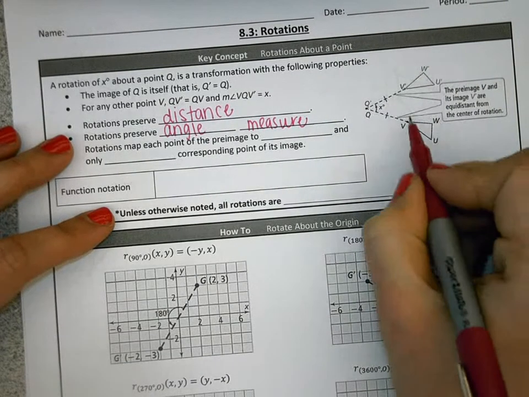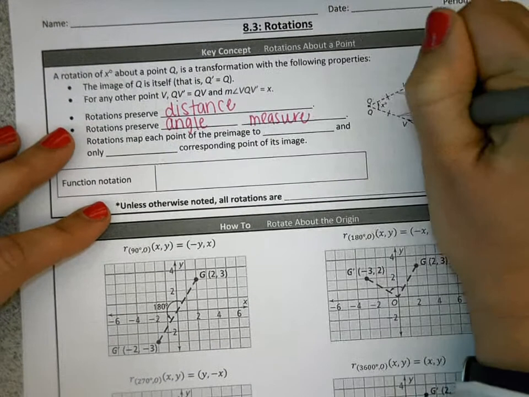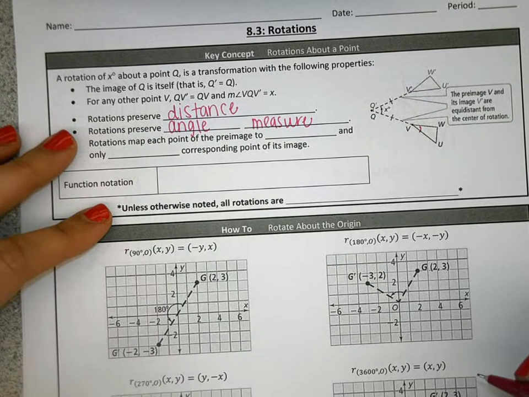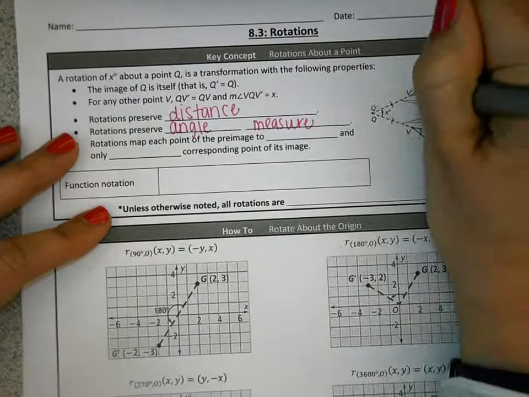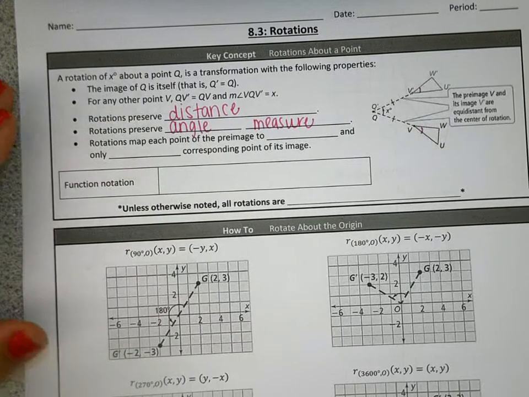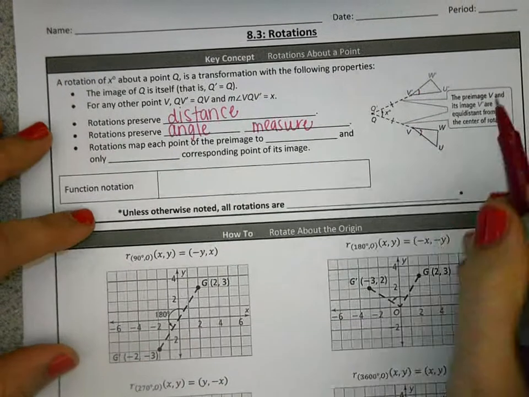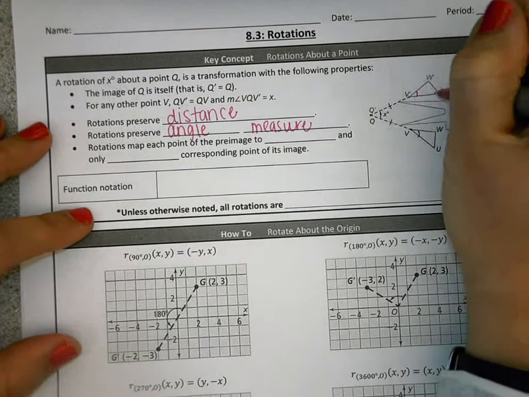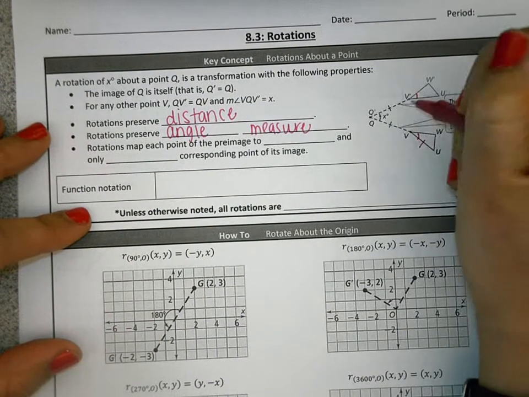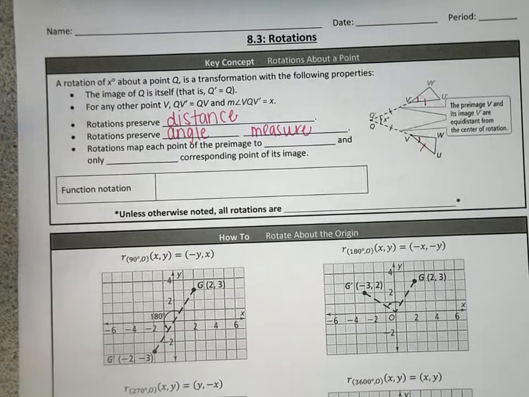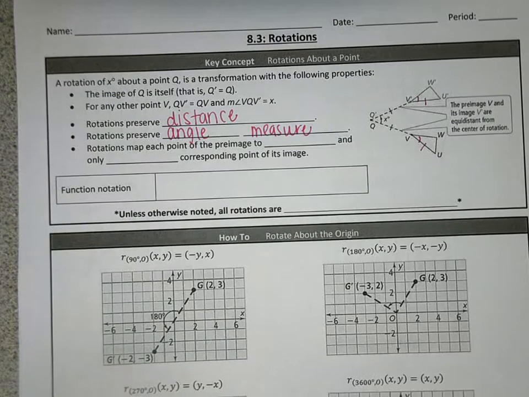So in this triangle, that's the example, angle V has the same measure as angle V prime. So the angle sizes don't change. That's what it means. And distance has to do with the segments. So VU has the same length as V prime U prime. So that's what it means, that the shape stays the exact same size and the angles don't change size either.